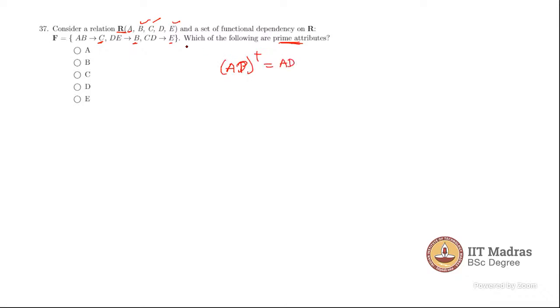From this functional dependency set, can we determine R here? I have A and D. If we take the closure of AD, can we determine anything further? No. So now let us try combinations with AD.